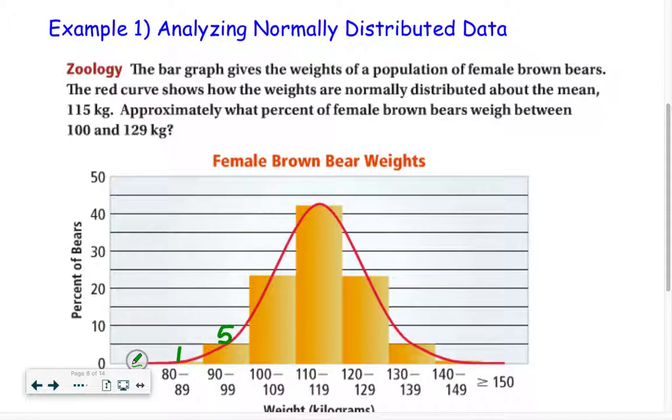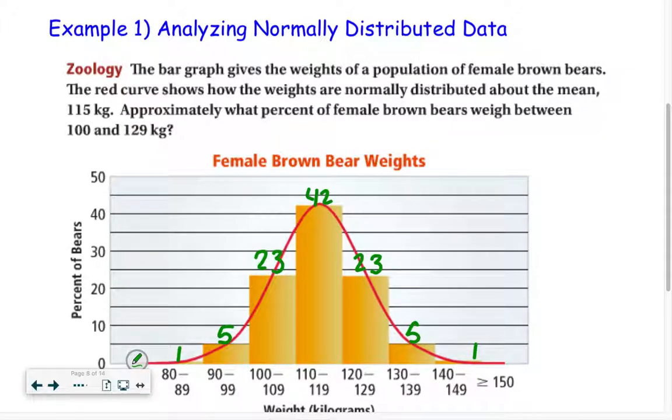Next one is about 23. Then we have about 42. And then just repeated 23, 5, 1. And I believe that should work out to 100%. Okay. Questions on where those numbers came from? Just reading how high the bar is.